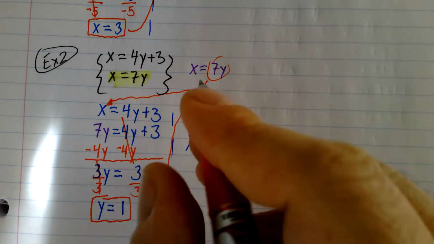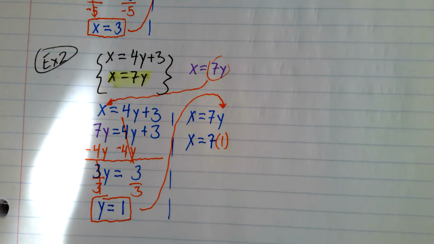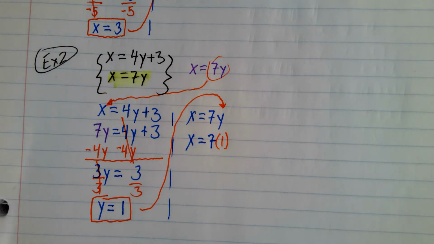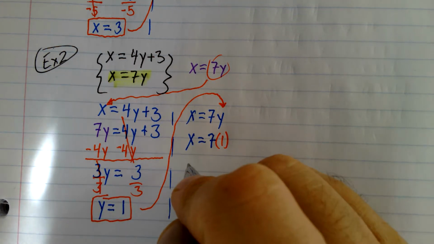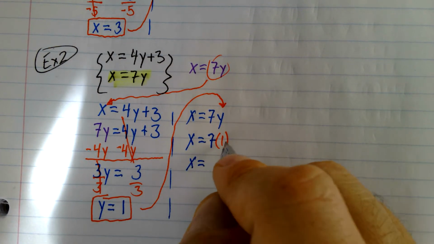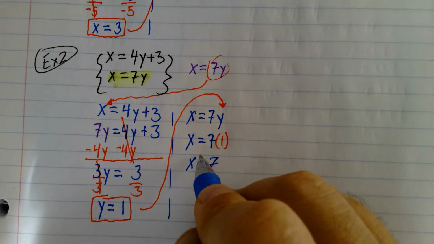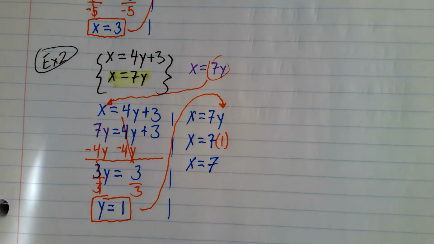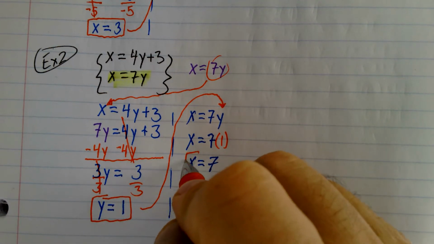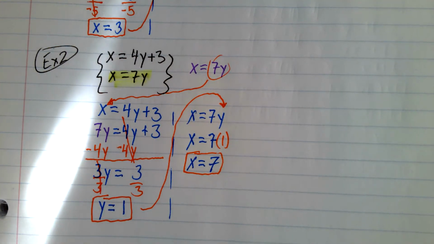So I get x equals 7 times, not y this time, but what y equals, 1. And I'm going to get my answer for x now. X equals 7 times 1. So what does x have to equal? 7 times 1? 7. Okay.